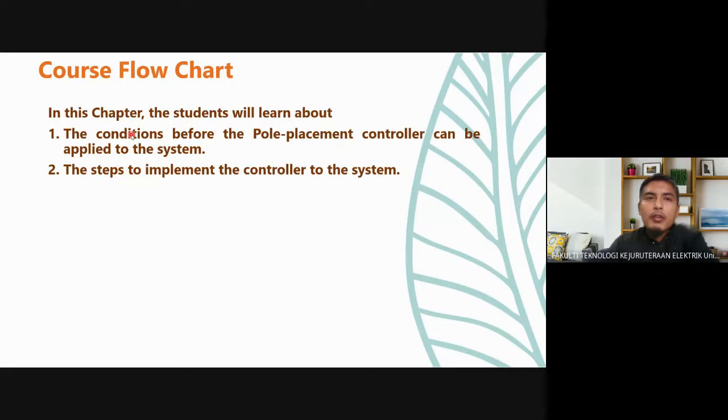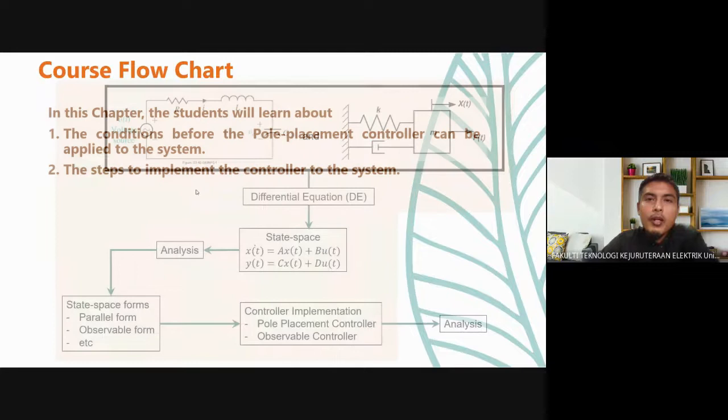You must know the conditions, and then after that, you will learn about the steps to implement the controller on the system. There are two of them: the conditions before you can apply the pole placement controller to the system, and next, after you learn about the first topic, you go to the second topic, the steps to implement the controller on the system. Okay, so we go one by one.